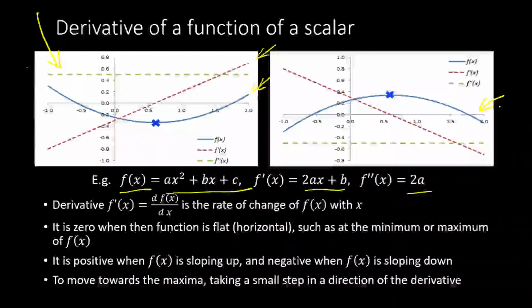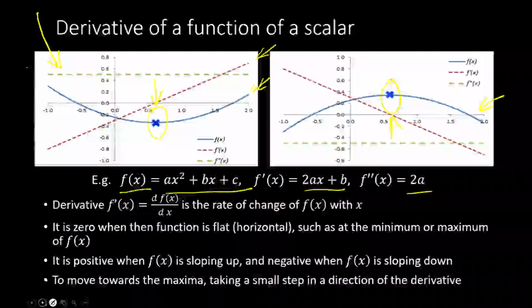If I want to find the minima or the maxima, then I will equate the derivative to 0, which is where this red line is crossing the x-axis. You can see from the red line whether you need to take a step in the right direction or in the left direction for gradient descent or gradient ascent.